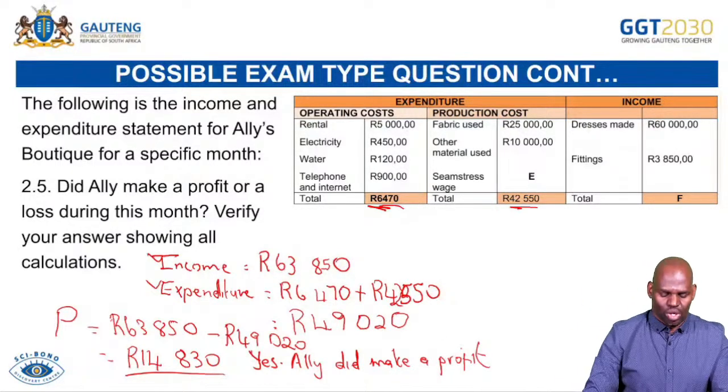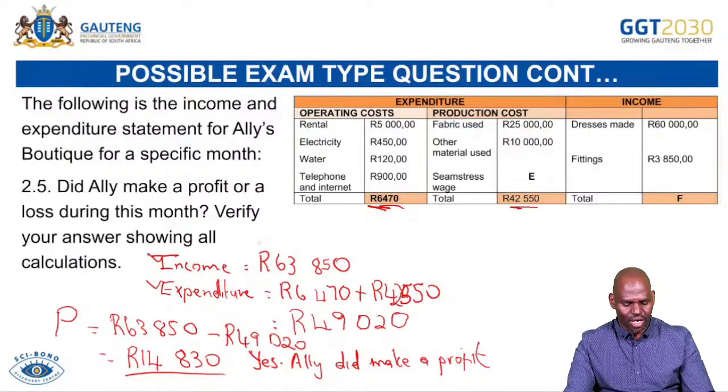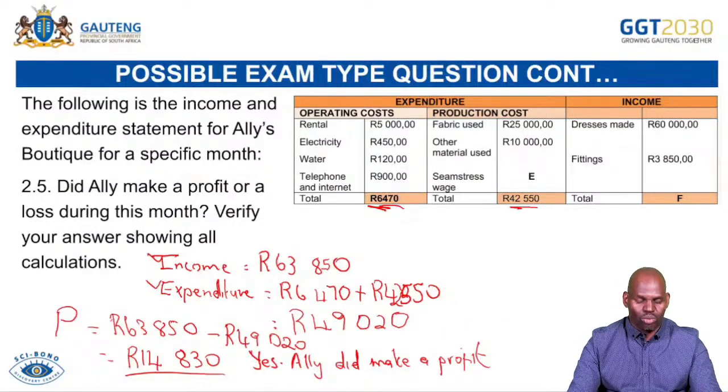Of course, we can see from the income and expenditure that income is more than expenditure. So definitely he did make a profit. So yeah, that is question 2.5.